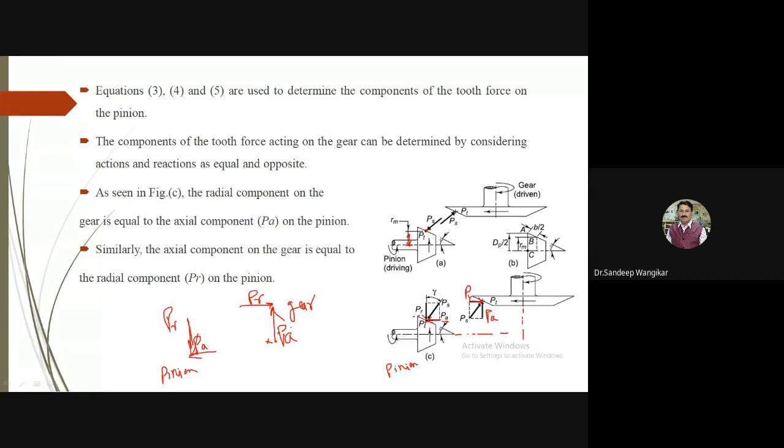So this is the difference, friends. We have to calculate all the components of the pinion, and then take care that the radial component of the gear is equal to the axial component of the pinion, and the axial component of the gear is equal to the radial component of the pinion. So this is the consideration.